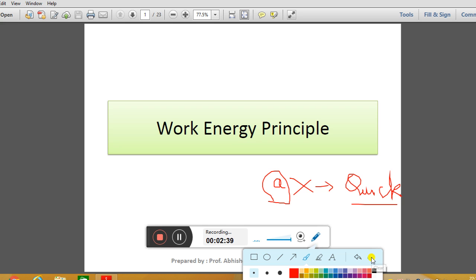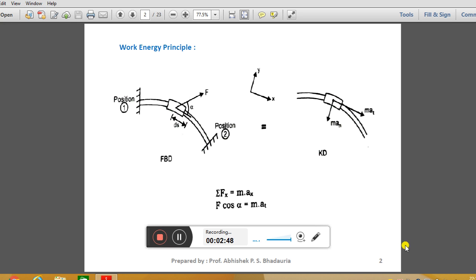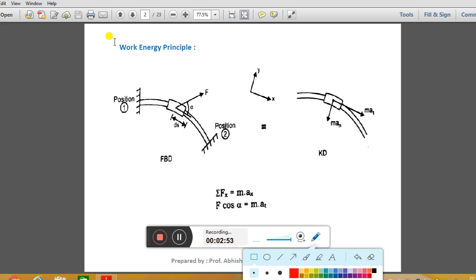So let us understand this work energy principle with the help of a derivation. What is the situation? We have considered a collar of mass m, which is moving from position 1 to position 2.